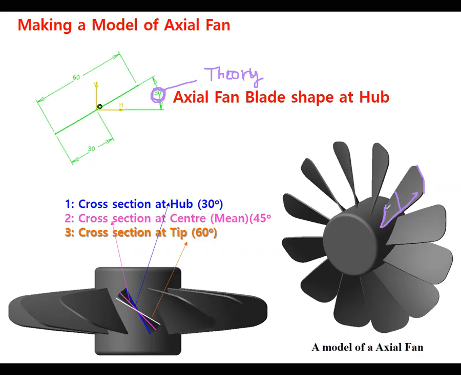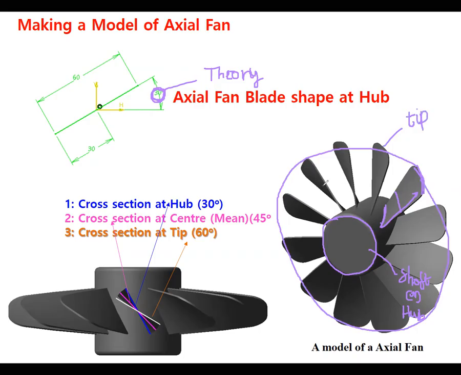30 degrees is at the hub. This portion is known as the hub, the shaft of the fan. Hub is the technical term. This portion is known as the tip, the outer radius. In the middle we have an imaginary circle, known as the mean circle, with the mean radius.